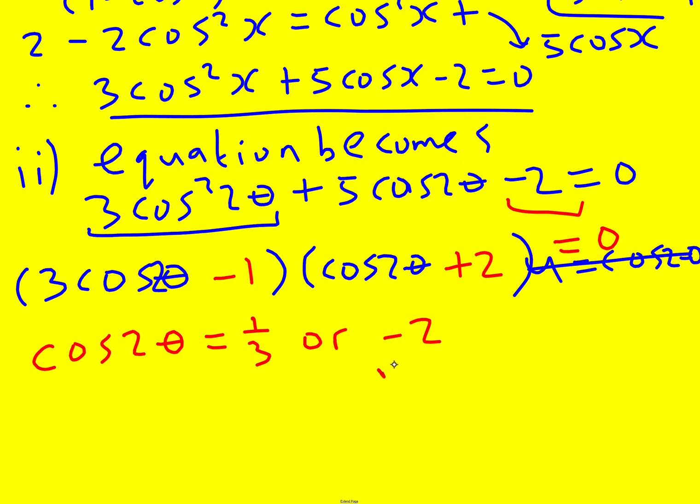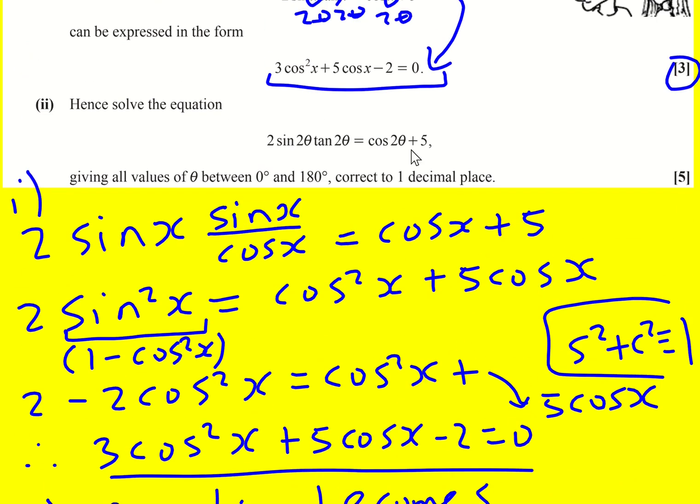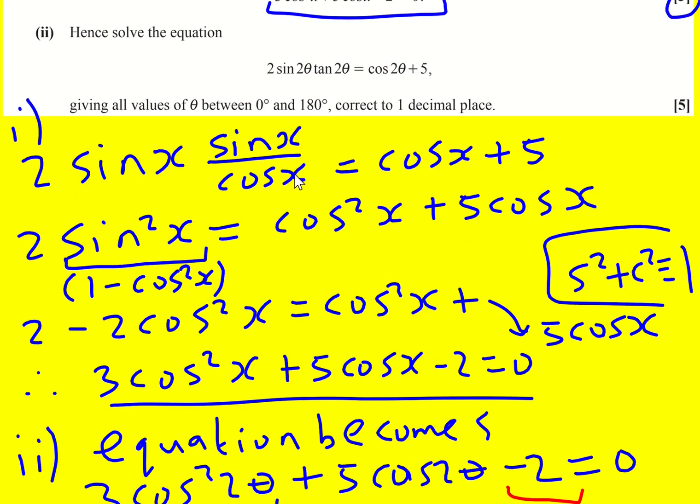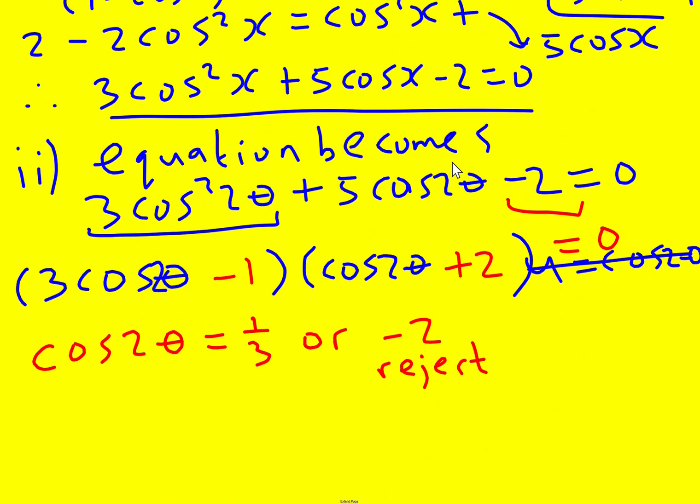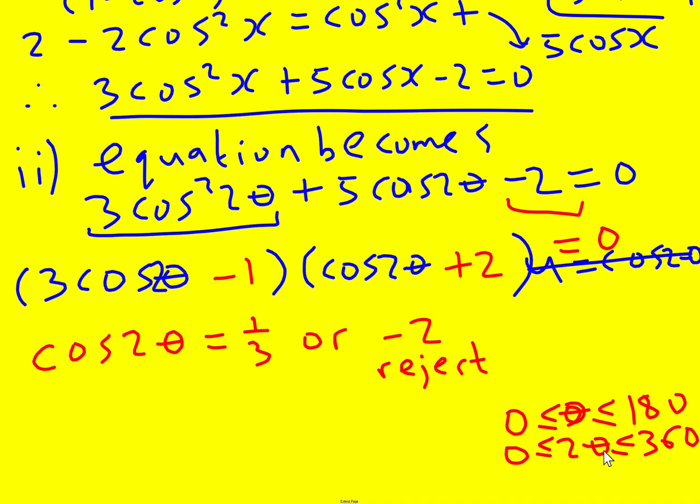Now this is nice, I can just immediately reject this because cos varies between minus 1 and 1, so this minus 2 is not possible. And what's it asked me to do? It's asked me to find theta between 0 and 180. So I'm solving for 2 theta, so it's going to be between 0 and 360.